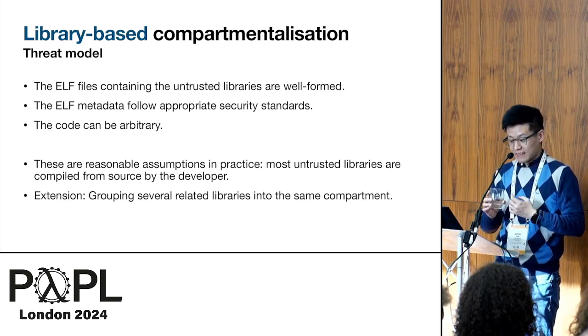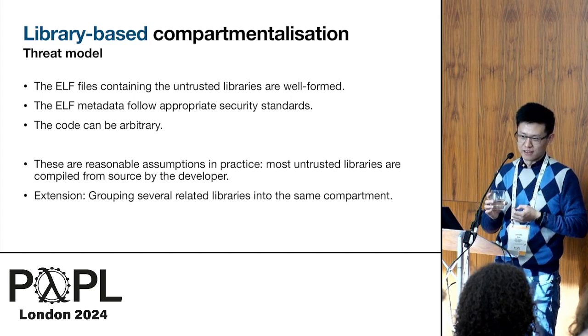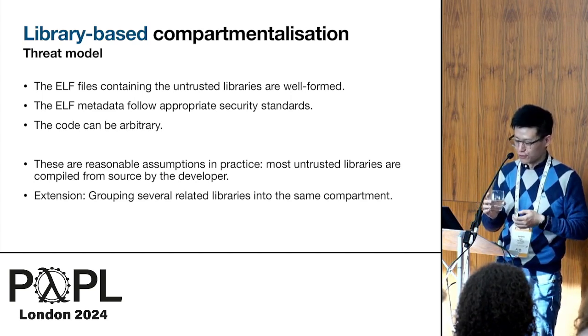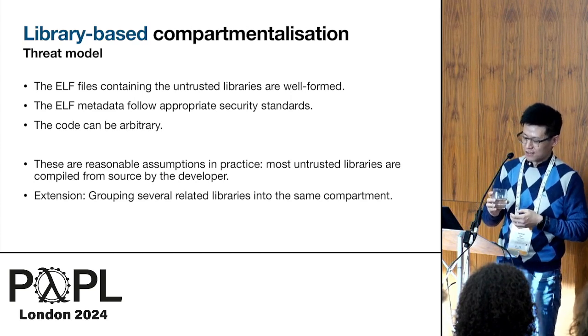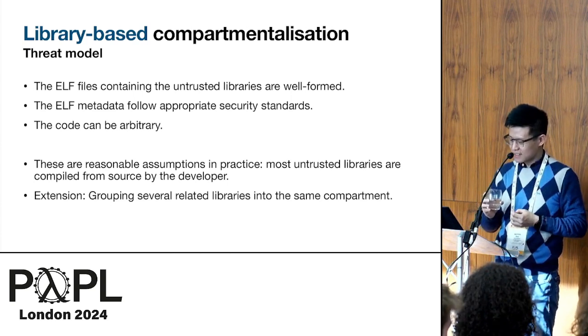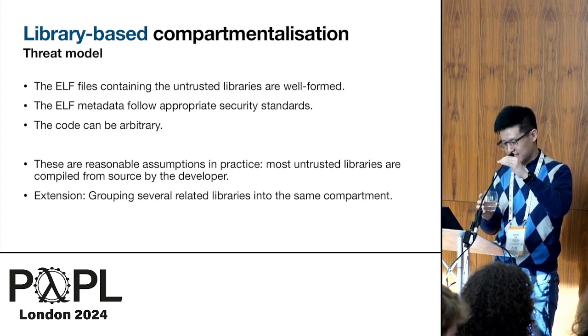Now, we assume that the ELF metadata follow appropriate security standards. For example, you don't map code that is executable and writable at the same time. So this can also be checked automatically, but still it's currently not implemented.